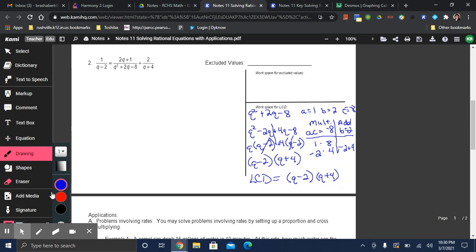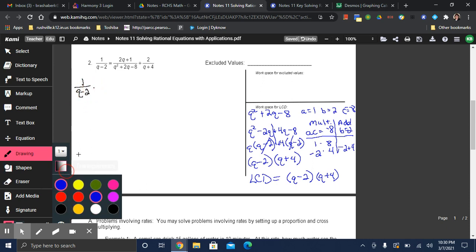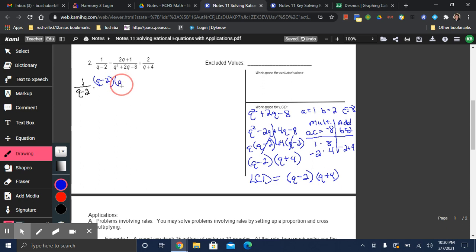So beginning our process again, I'll take 1 over q minus 2 and multiply that by the common denominator, q minus 2 times q plus 4 over 1. Then I have an equals.